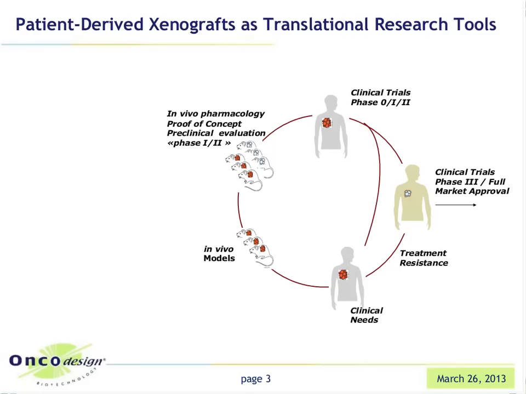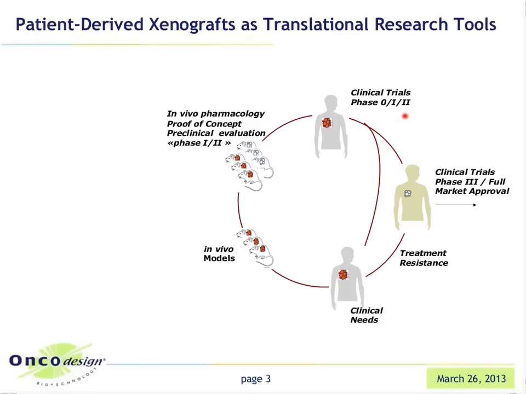We can work on the models and amplify them for in vivo pharmacology to test the models. When we test all the compounds on the full collection of models, it's like phase 1 or phase 2 clinical studies.